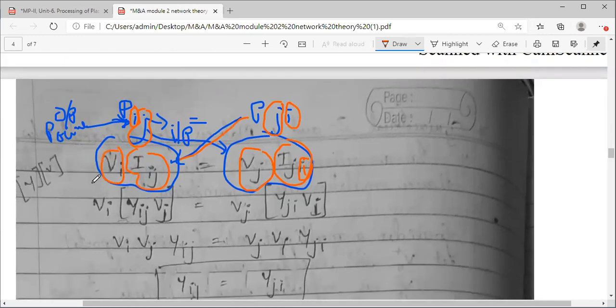Now further I can write V equals IR, or I into R, resistance. That is nothing but your impedance, right?